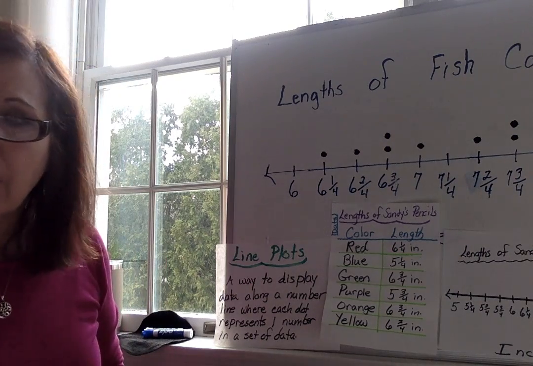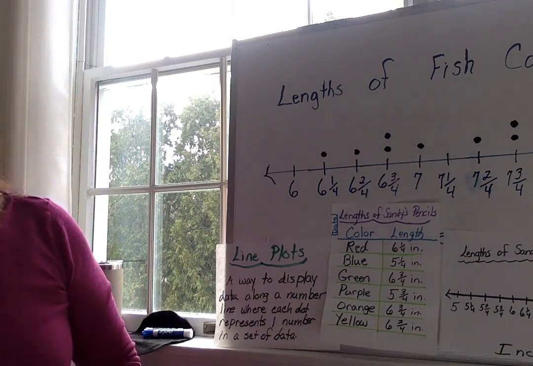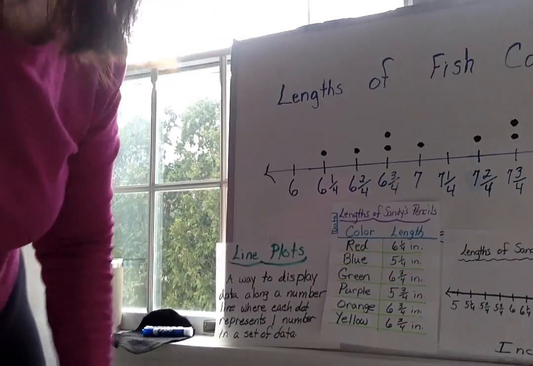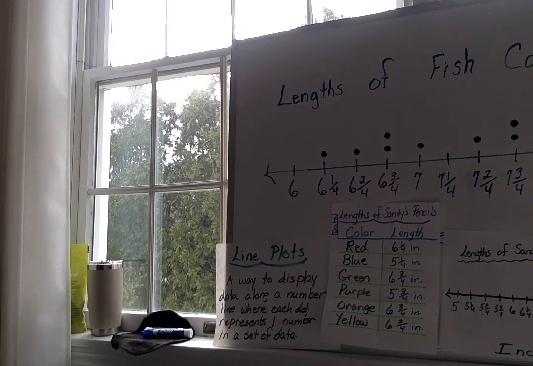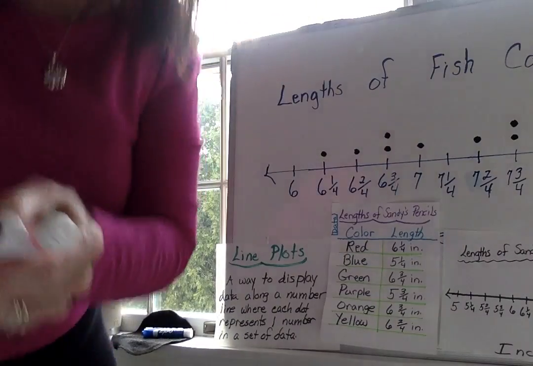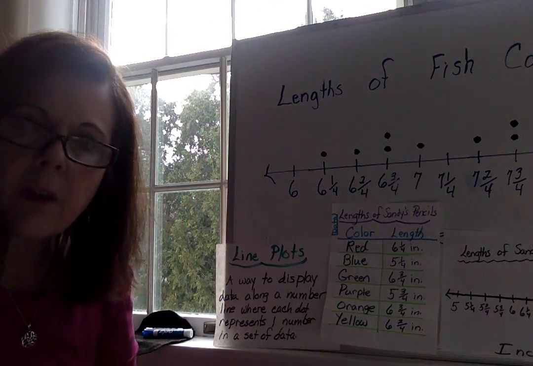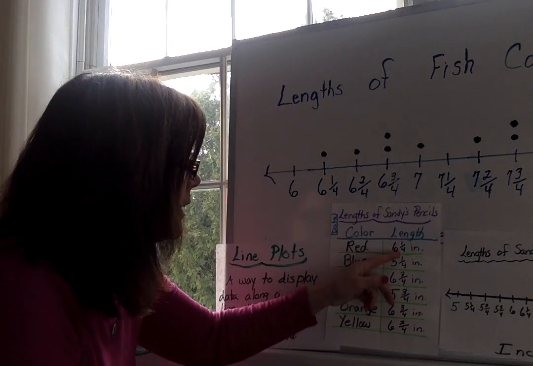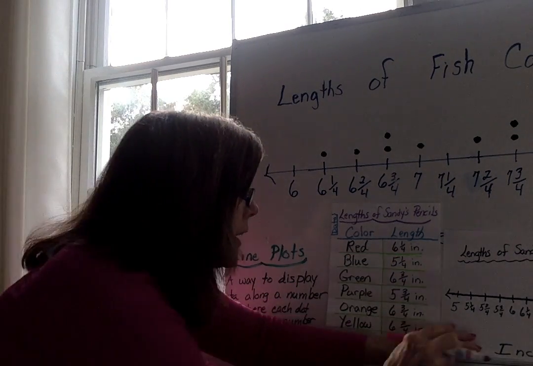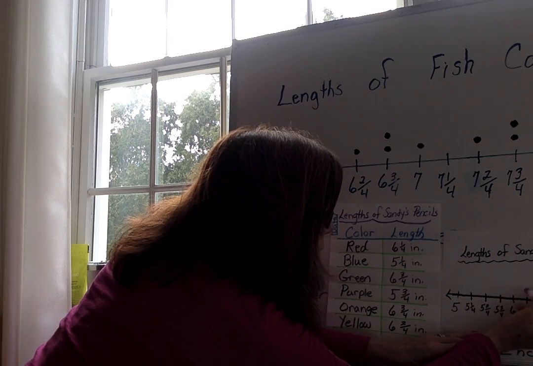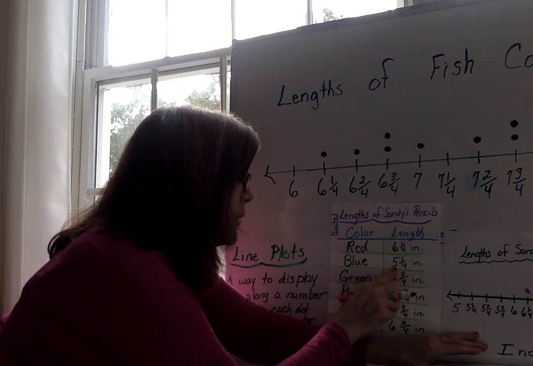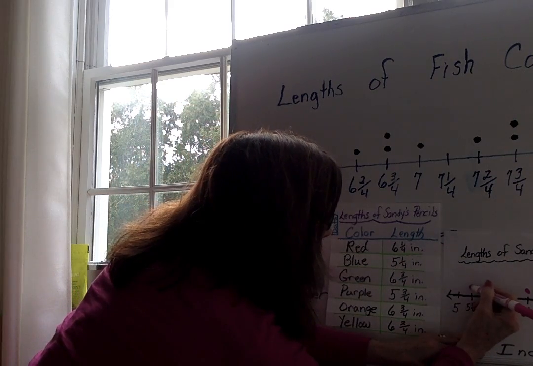Okay, so now I can put my dots up on my number line. Just have to find my marker. All right, I'm going to use pink. As we can see, I'm going to start here, 6 1/4, and I have 1 for 6 1/4. So I've done the red. The blue is 5 1/4.